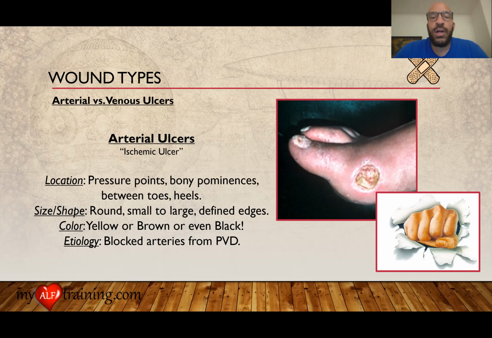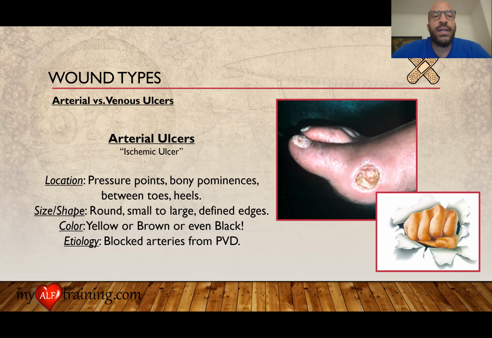Then the arteries aren't able to pump blood and oxygen and nutrients to a specific area. It may have rubbed up against the patient's shoe or what have you, causing a small insult to the integrity of the skin in the area, which then, without the proper oxygen, blood, and nutrients, started to die out and cause an ulcer.